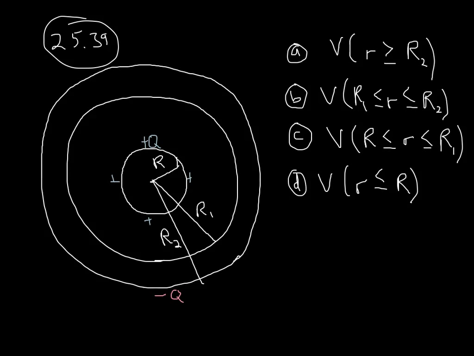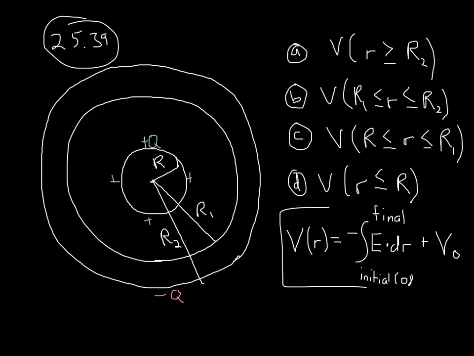And we're going to want to use the general equation V of R is equal to the negative integral of E dot dr plus V naught. We're going to integrate from some position that we know, some zero position, to some final position.